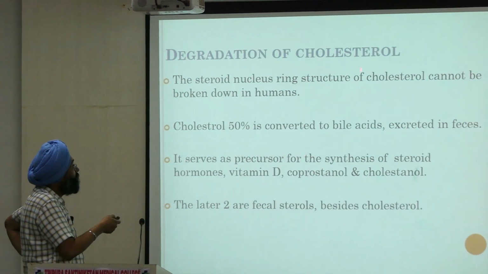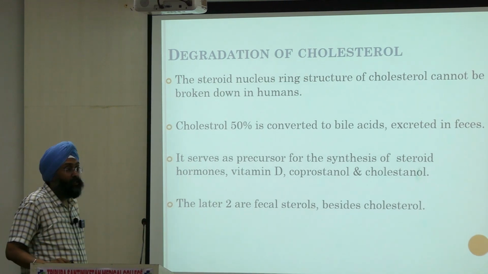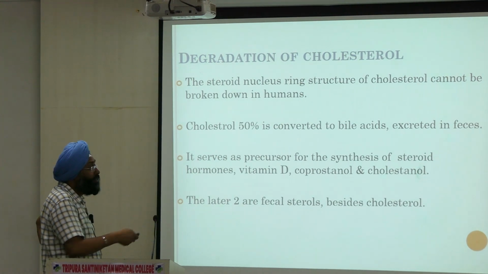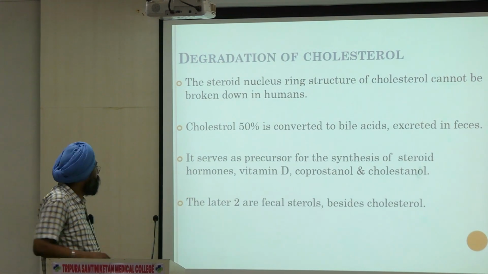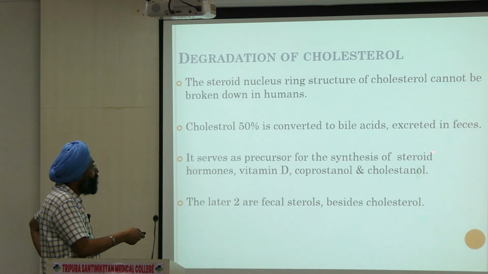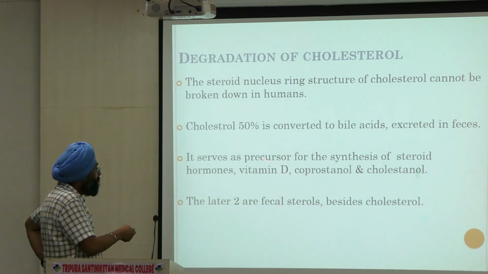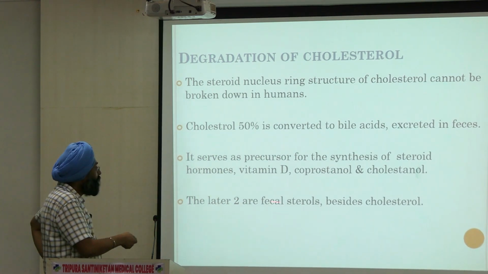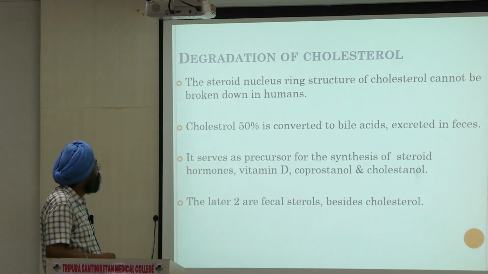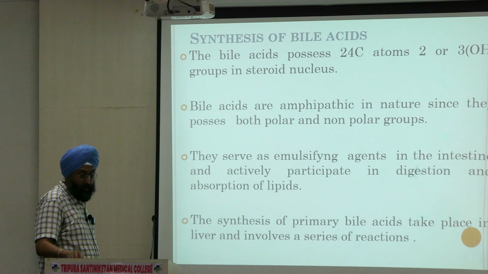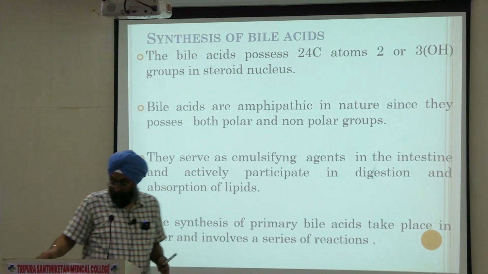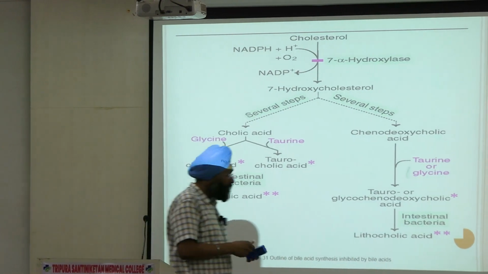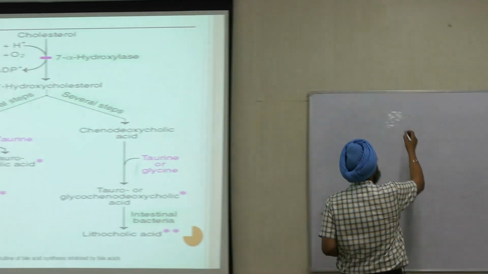The steroid nucleus ring structure of cholesterol cannot be broken down by humans. 50% is converted to bile acids and excreted in feces. It also serves as precursor for synthesis of steroid hormones, vitamin D, coprostanol, and cholestanol. The latter 2 are fecal steroids besides cholesterol. To break down cholesterol, just see the diagram first, the steps. These are the steps. So today we are doing degradation.